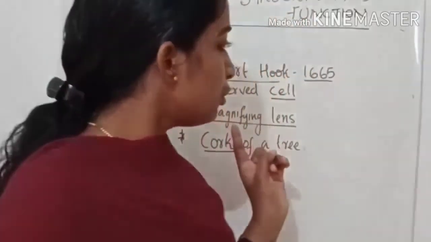So he coined the term cells when he observed slices of cork under the magnifying lens, and he observed brick-like structures arranged in compartments, like a honeycomb. He coined those bricks as cells.